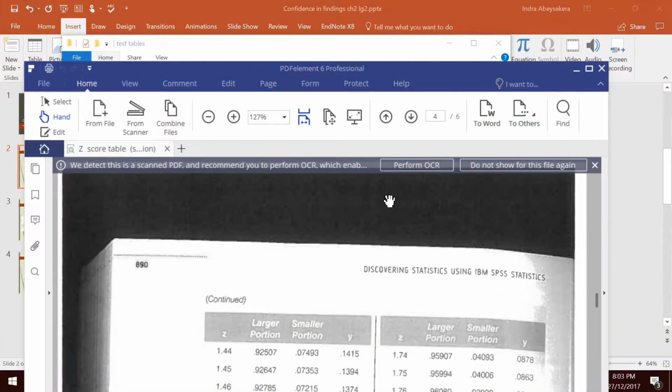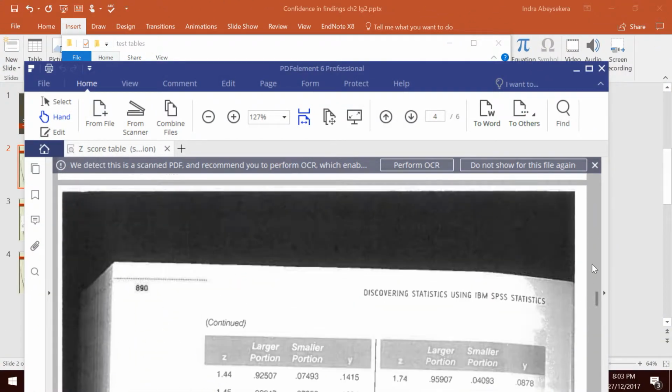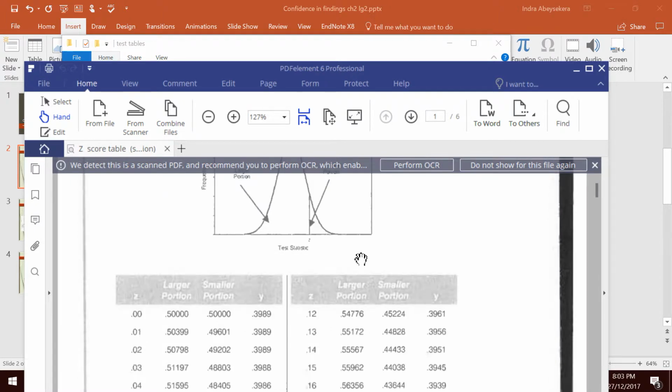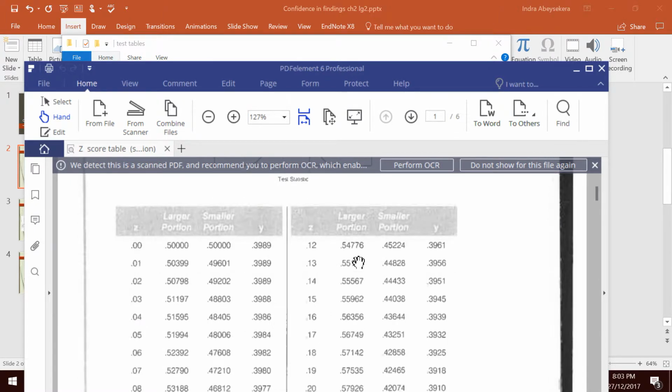If I show you the z-value table, it looks like this with the z-score value and larger portion and smaller portion. Larger portion refers to the confidence interval, smaller portion refers to the significance level.